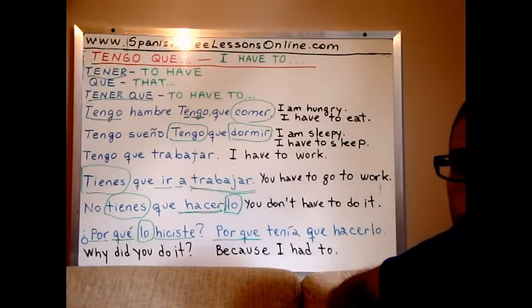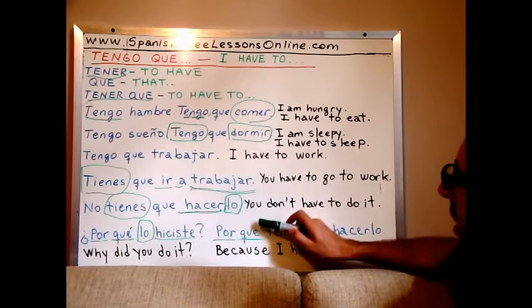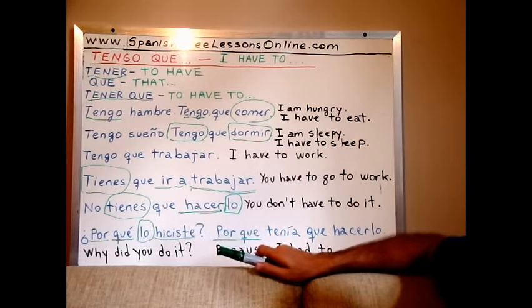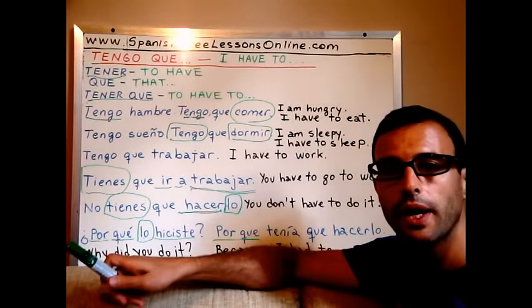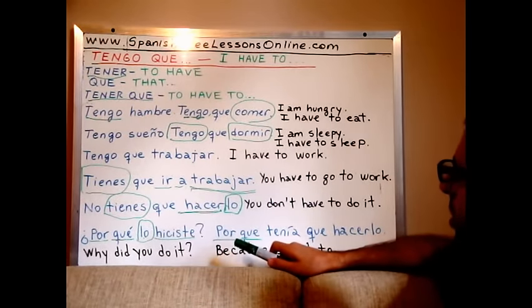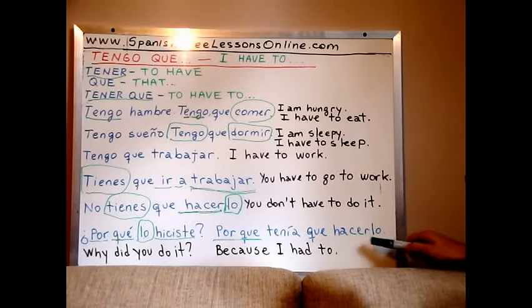And the word for because is one single word. It's all together and has no tilde in the e. Okay? So that's the difference between why and because. Why? Because. Because I had to do it.